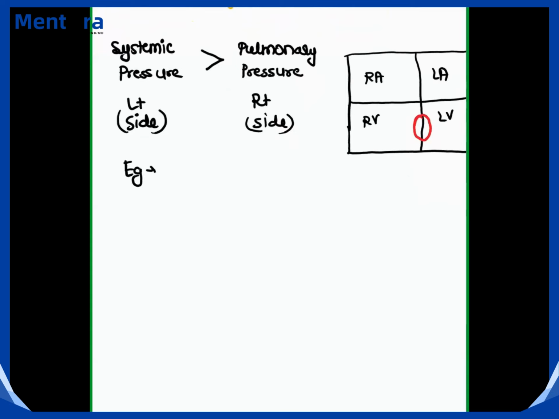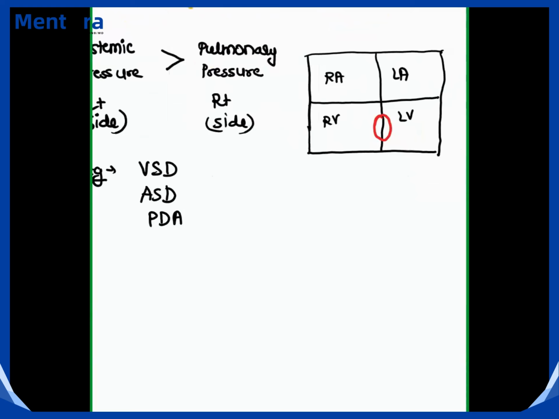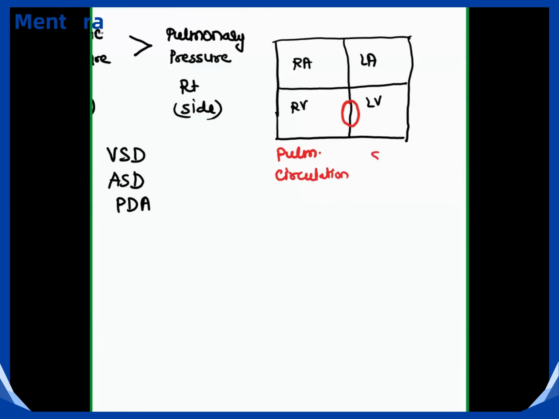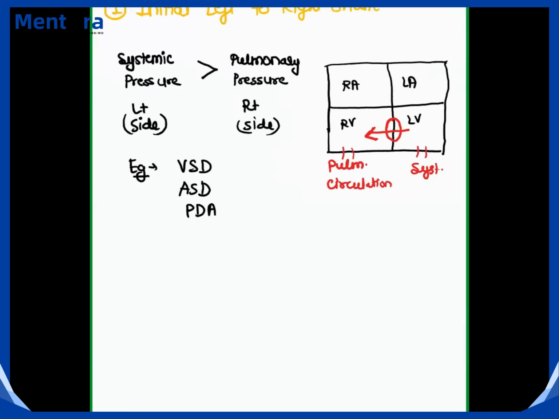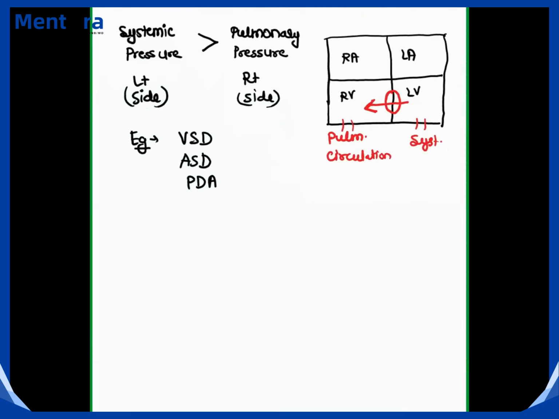Examples of these conditions are VSD, ASD, and PDA. So this is the pulmonary circulation, and this is the systemic circulation. So blood is flowing from left to right side, because systemic pressure is more than pulmonary pressure.